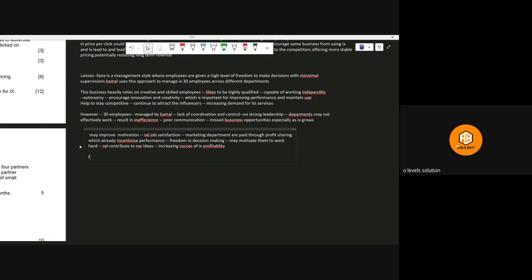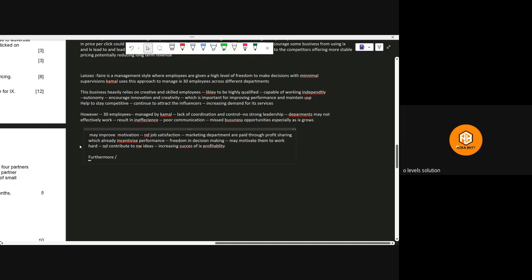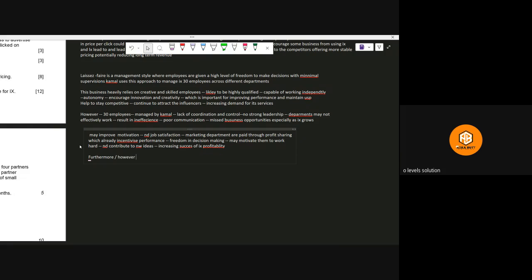So then we can say furthermore, or you can also use the same thing. However, some employees may require more guidance, definitely, because some employees need the guidance. It's not like every employee is creative.